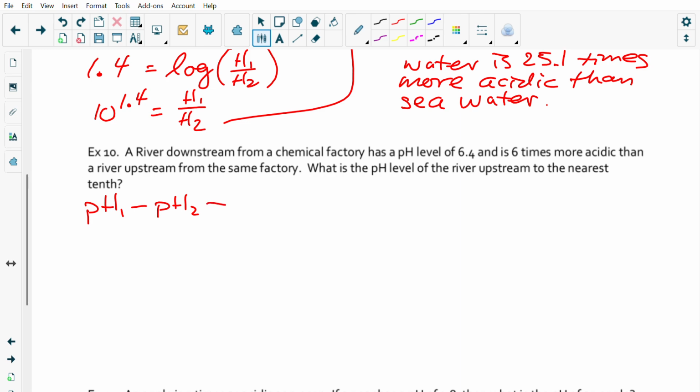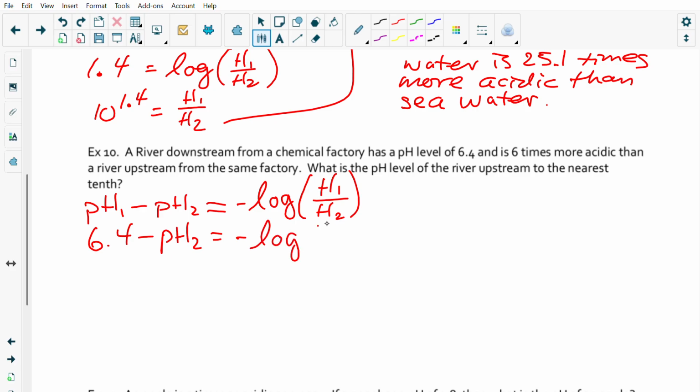Comparison, right? pH 1 minus pH 2 equals negative the log of the ratio of hydrogen concentration from 1 and 2. Okay, so 6.4 minus pH 2. Now we're solving for the other pH value, that's negative the log. Well, the ratio, the comparison, it says it's 6 times more acidic.